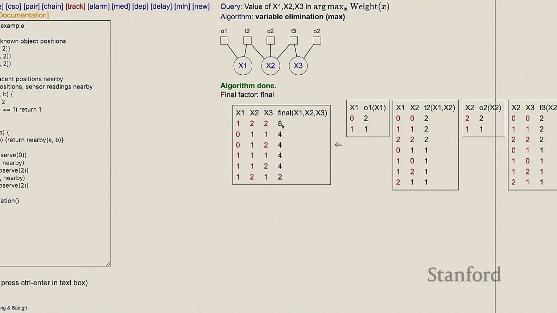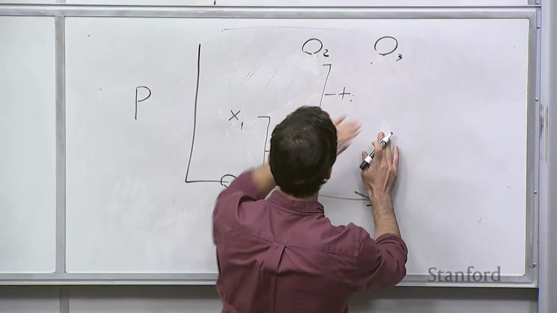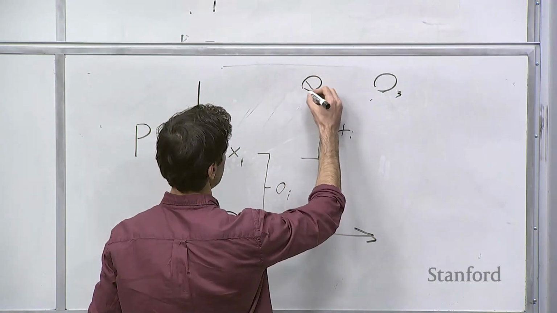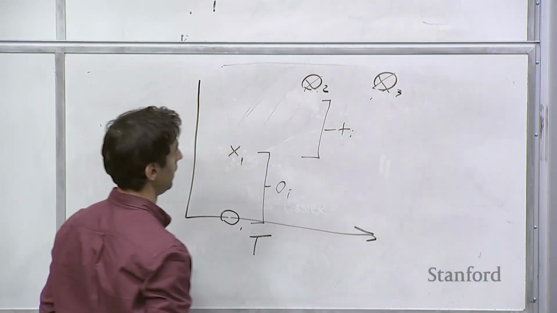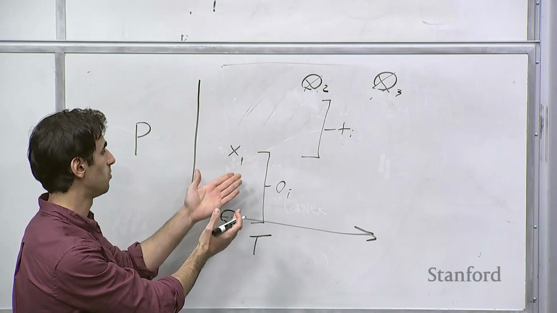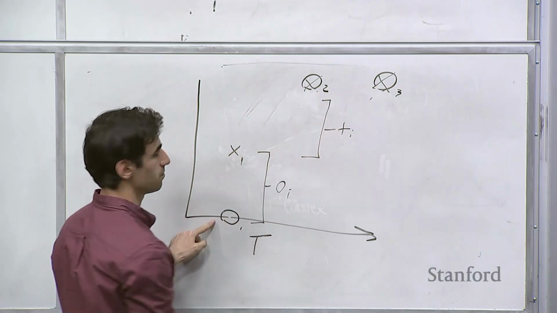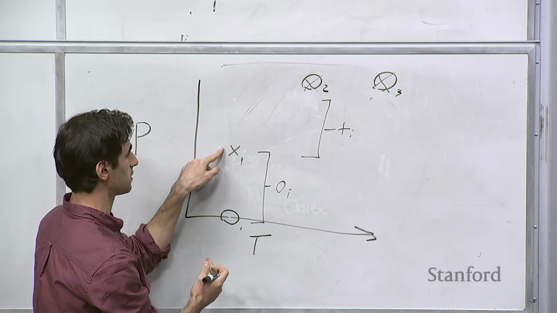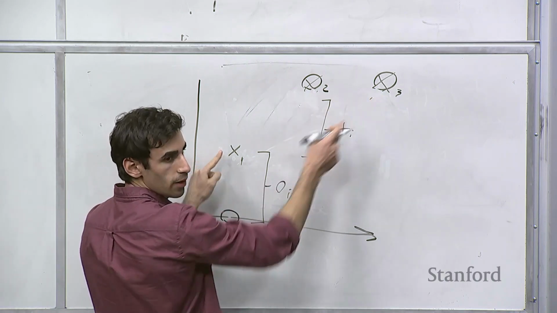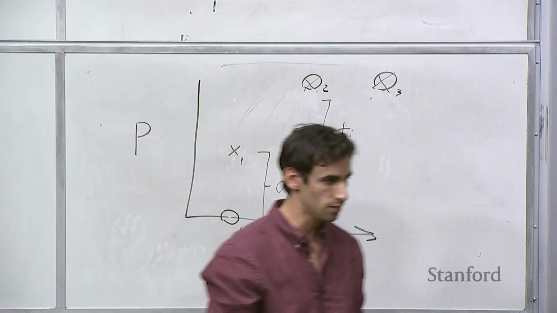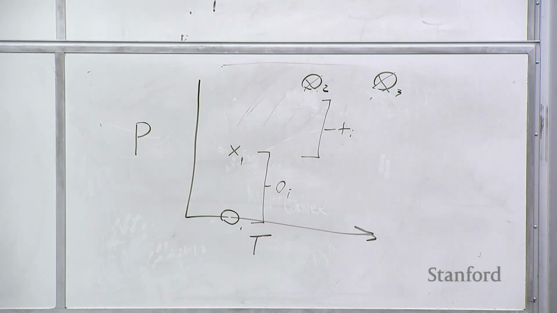So on our little drawing, basically what that's saying is that this is optimal, where we say, thank you, sensor, for these estimates, but we think the person is actually here at time step 1, here at 2, and here at 3. That's the solution that backtracking gave us.